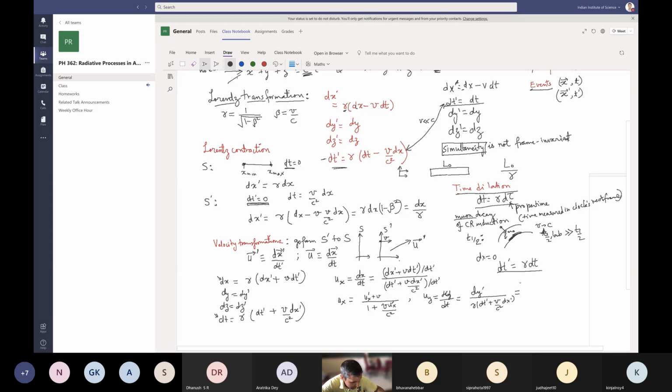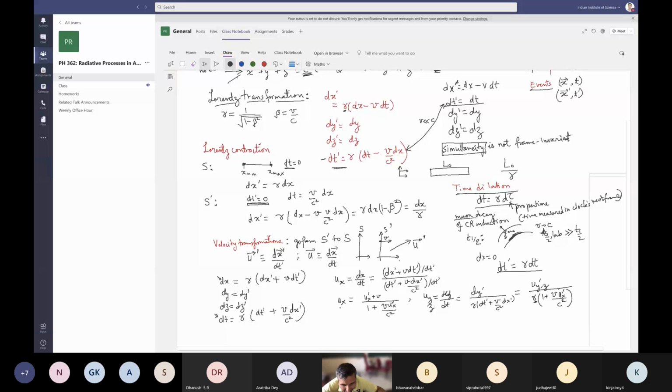What does this give you? This gives you uy prime by gamma. Again, I'm dividing by dt prime, so this is divided by 1 plus v ux prime by c squared. Got it? This is uy prime. Similarly, z will be an analogous expression, just replace y by z. Okay? And notice this 1 by gamma here, it's not present in the x expression.